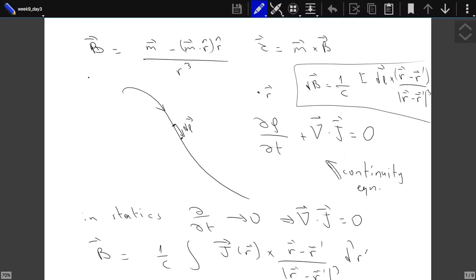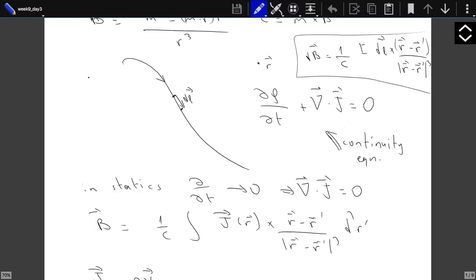The mathematical statement of this fact is what we call the continuity equation. Since we are dealing with statics for the time being, all the time derivatives should be zero, so one property of the current should be that it is divergenceless. The divergence of the current should be zero. That is something we will use to derive other properties of the magnetic field.